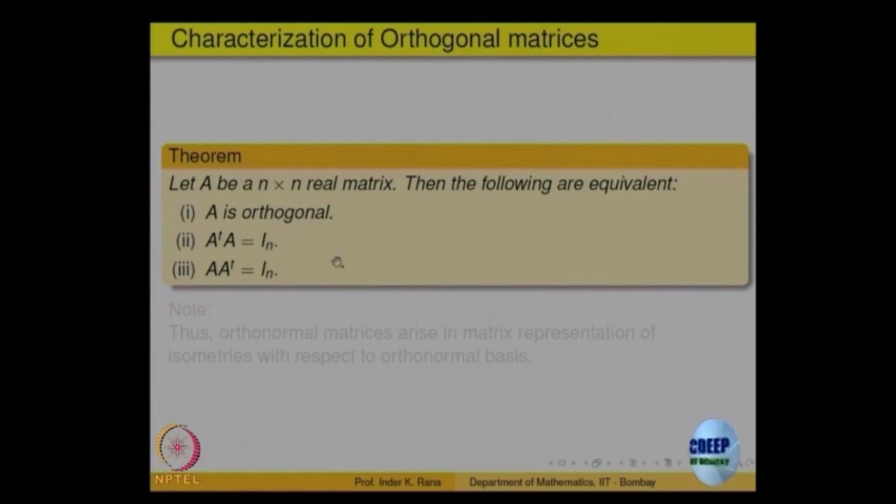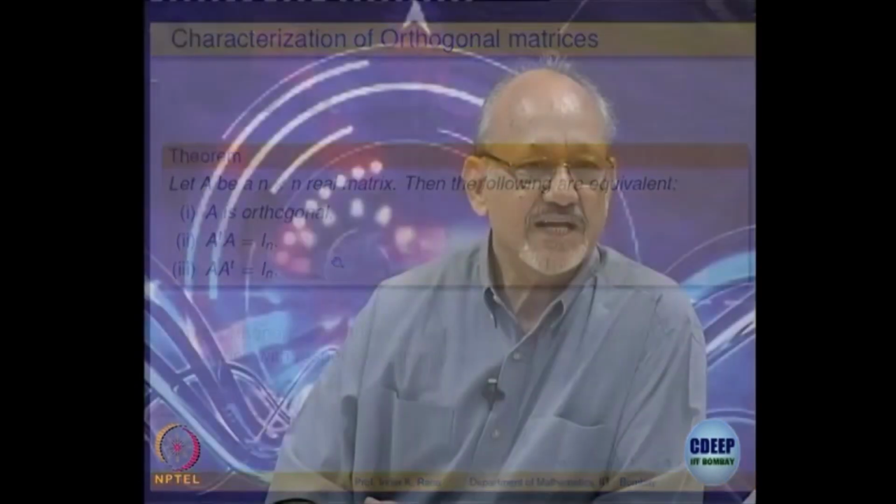So saying that a matrix is orthogonal is equivalent to saying A transpose A is equal to identity, which is the same as saying A transpose is the inverse. The transpose of the matrix is itself the inverse of the matrix. So if a matrix is orthogonal, it is invertible as a consequence, and its inverse is the transpose.